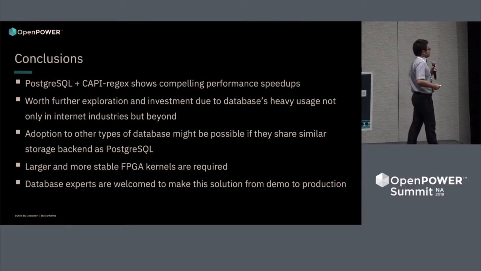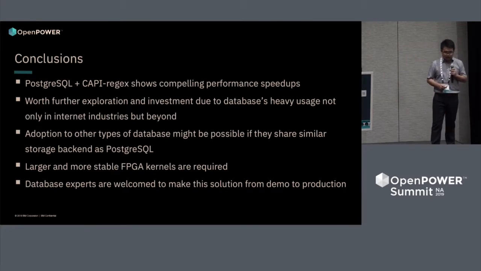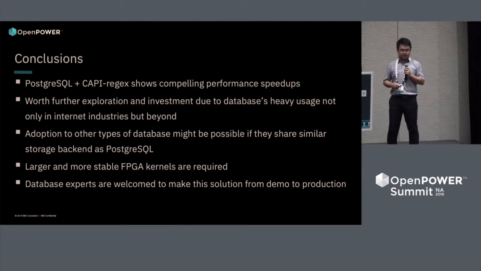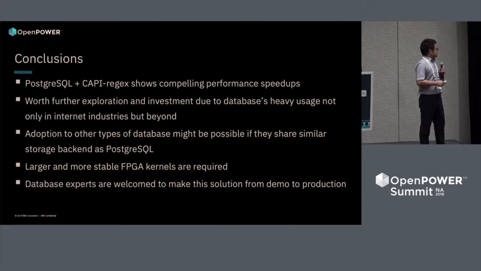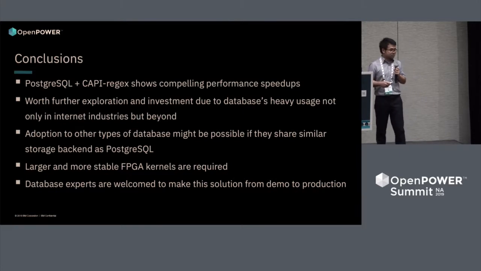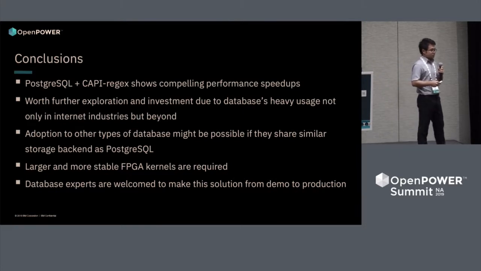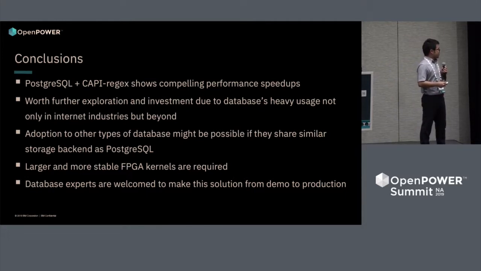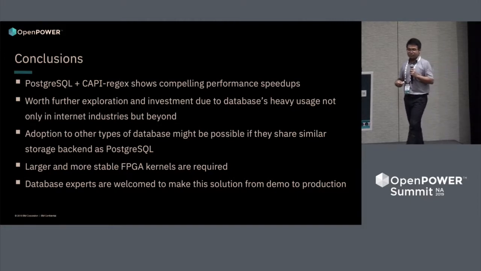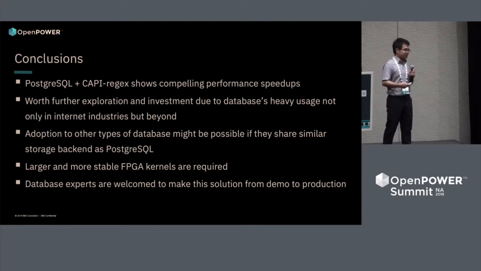And then here we go to the conclusion. Our demo shows that Postgres and CAPI can work well together, especially for regular expression matching. It is a very valuable demo or showcase that needs to be paid more attention if we want to have more sophisticated solutions or products in the future. Also, because we are a demo team, a showcase team, most of our engineers are from the hardware domain.